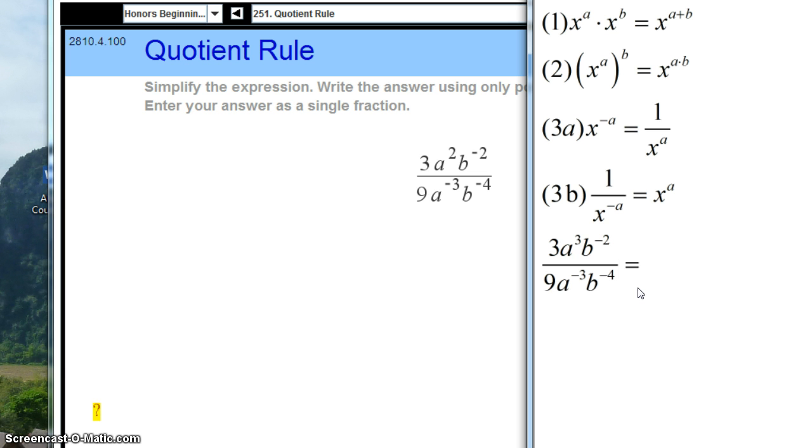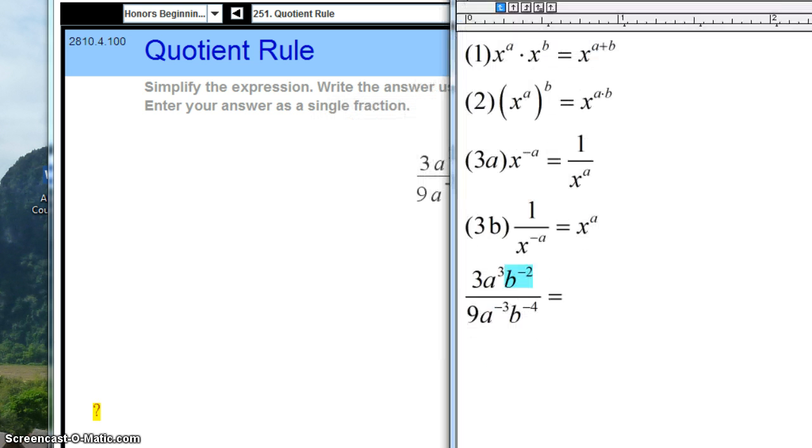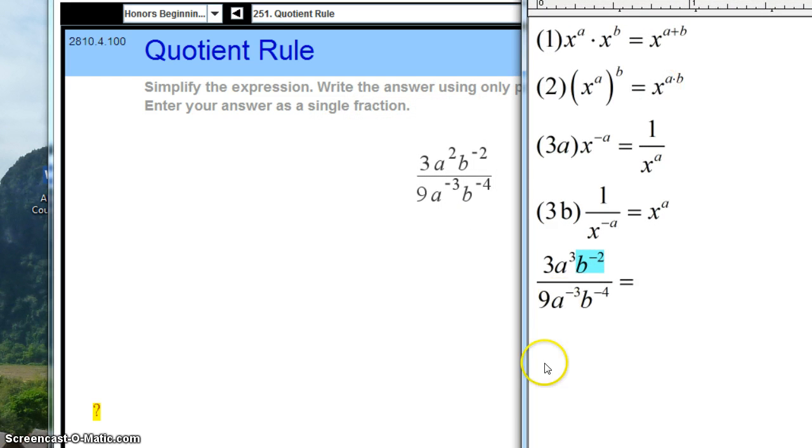But okay, so the first thing I'm going to do is see that we have a negative on the top and negatives on the bottom. Well, we can always bring those. We want to get rid of the negatives, right? It says simplify the expression, write the answer using only positive exponents. So the first thing I'm going to do is, oh, sorry, this is a 2. I messed that up. Okay.